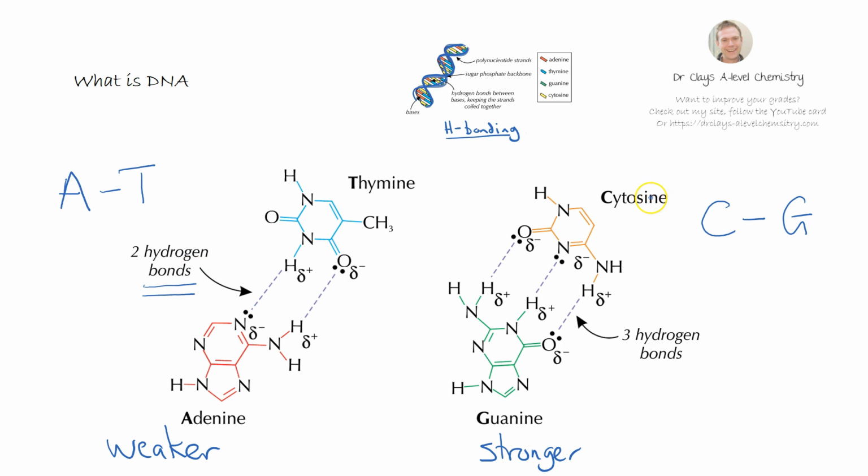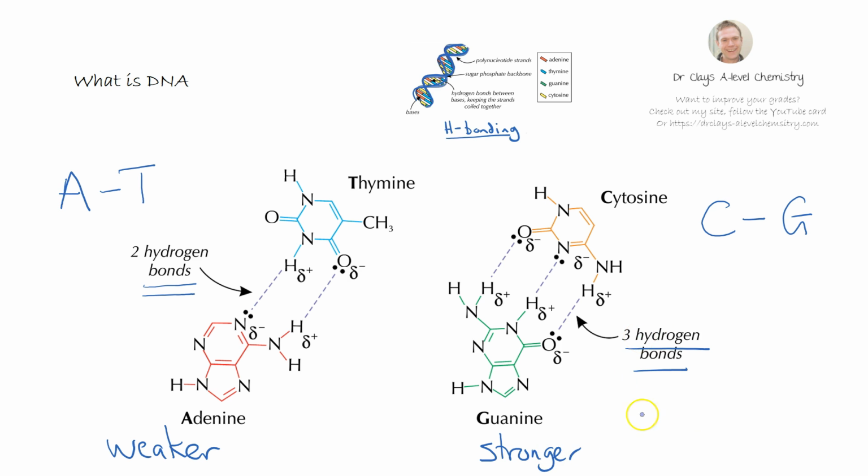But if we look at the cytosine and the guanine, well, here we have the external oxygen interacting with the hydrogen here. We've got the hydrogen and the nitrogen, and we've got the hydrogen and the oxygen, forming three hydrogen bonds, and therefore the CG interaction is a stronger interaction.